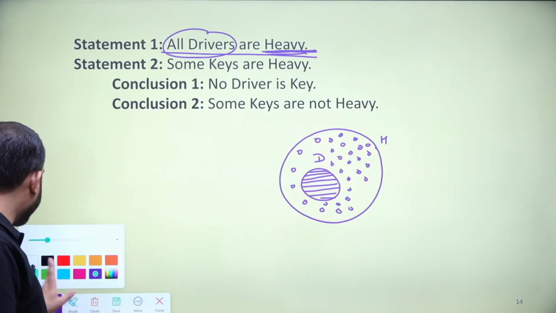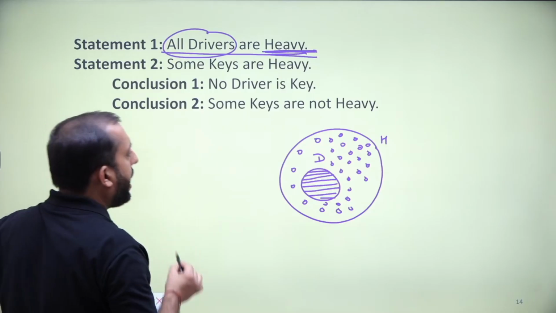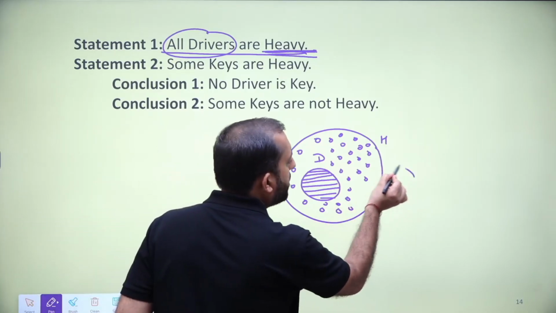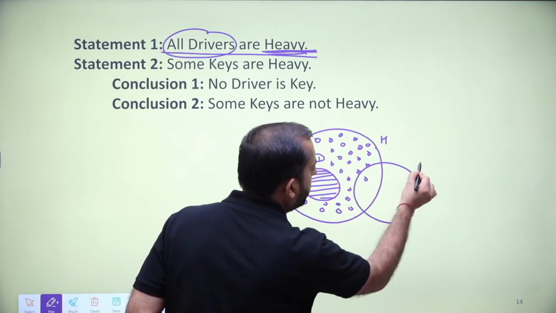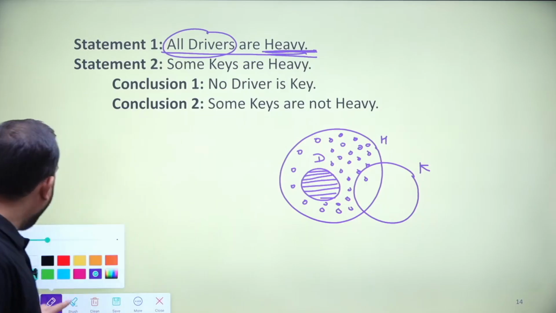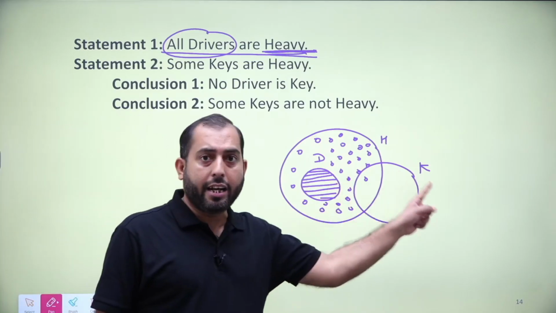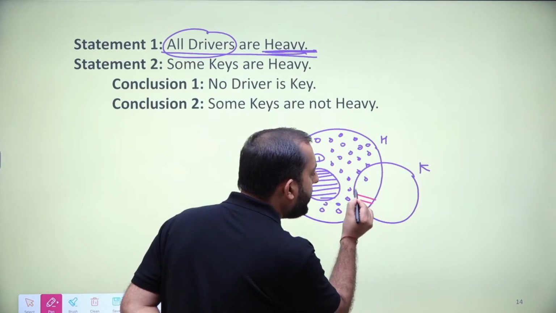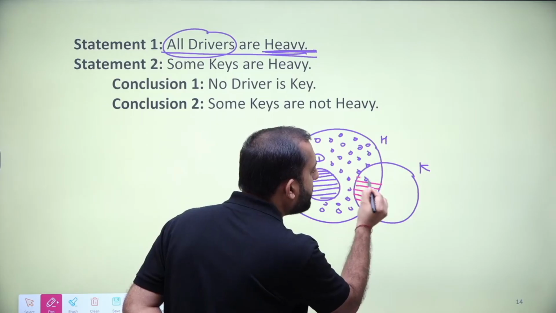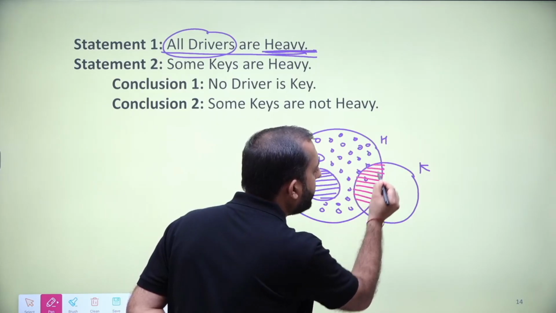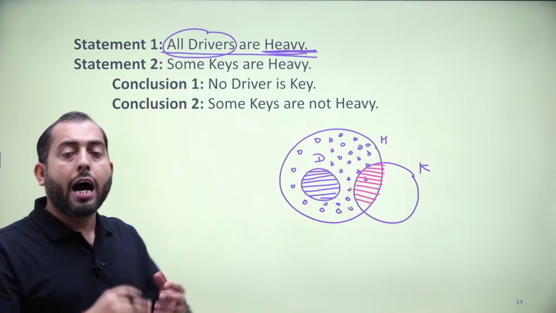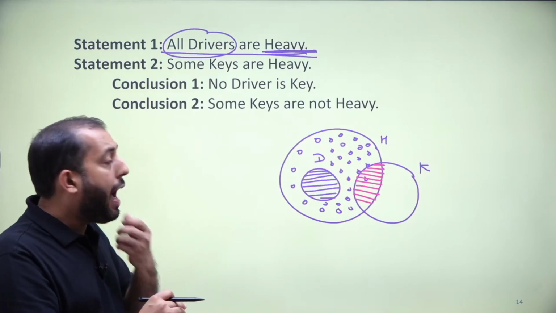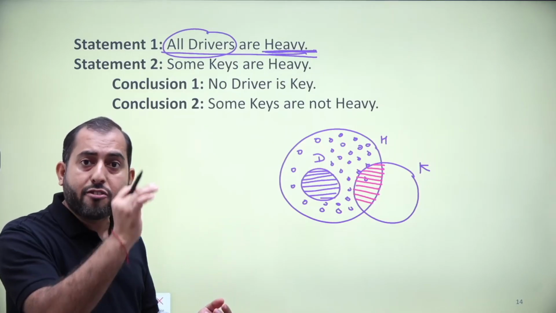Now next, some keys are heavy. Some keys are heavy should be drawn like this. There should be an intersection between key and heavy. So some keys are heavy, so this part of key and heavy is definite. I'm highlighting definite reason with the help of parallel lines and indefinite reason with the help of circles.